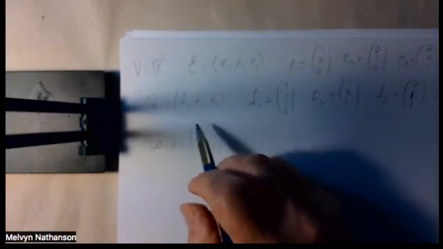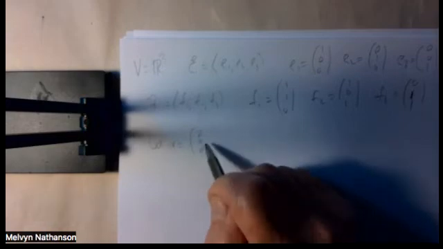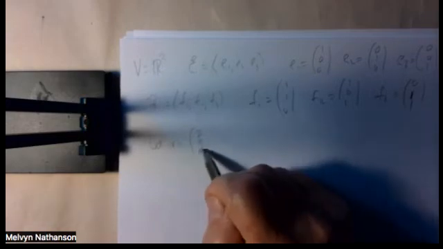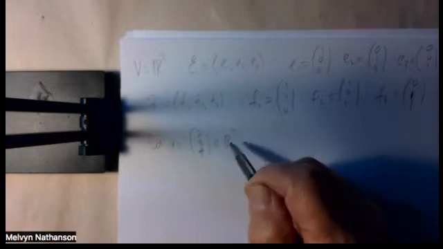So what does it mean to write a vector with respect to a basis? So let's just choose a random vector. Suppose I let v be the vector 2, 3, 4 in R3.